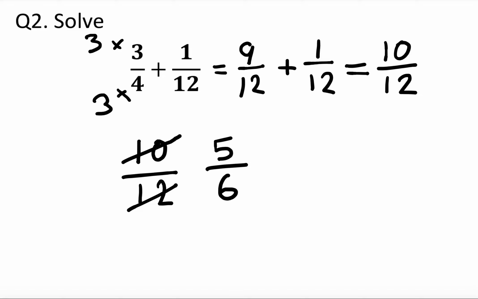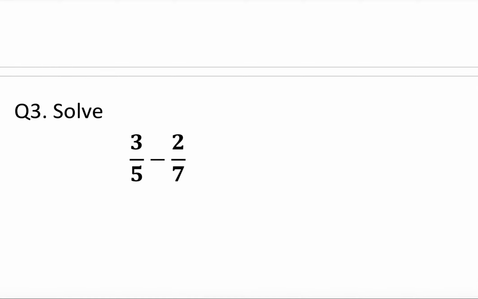So a simplified answer would be 5 over 6, which is pretty good. Follow the steps. Remember the rules: the denominators have to be the same when adding or taking away fractions. Let's move on to question 3.